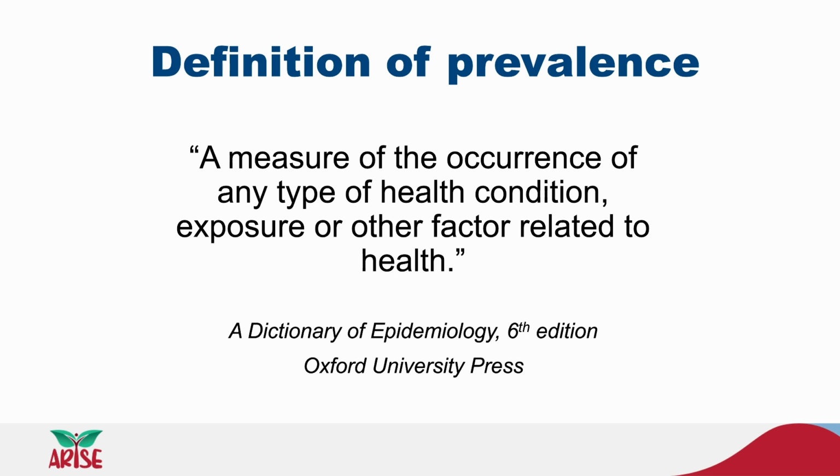So, sometimes we look at the prevalence of a health condition, such as depression. Sometimes we look at an exposure or risk factor, such as traumatic experiences in childhood, and sometimes we look at other factors related to health, which can be seen as exposure in a good way. In other words, protective factors, such as having good social support.